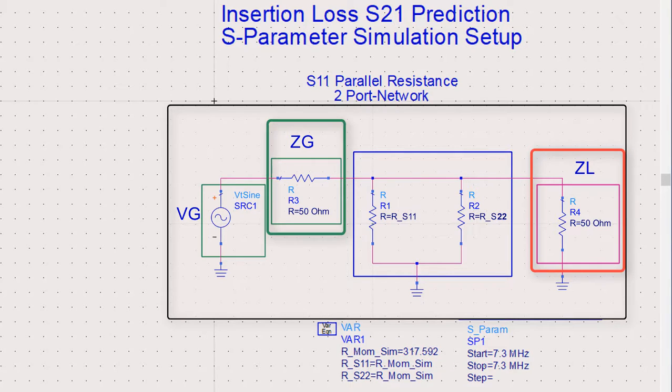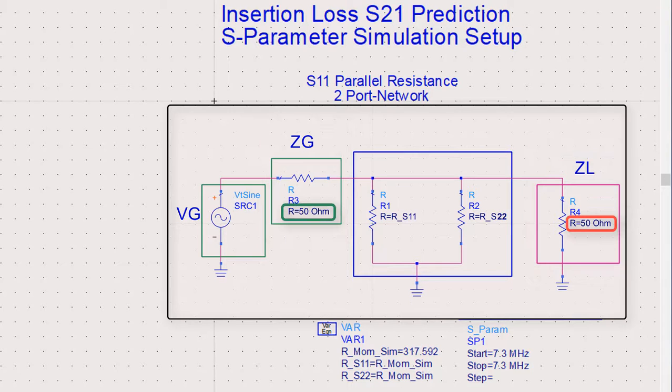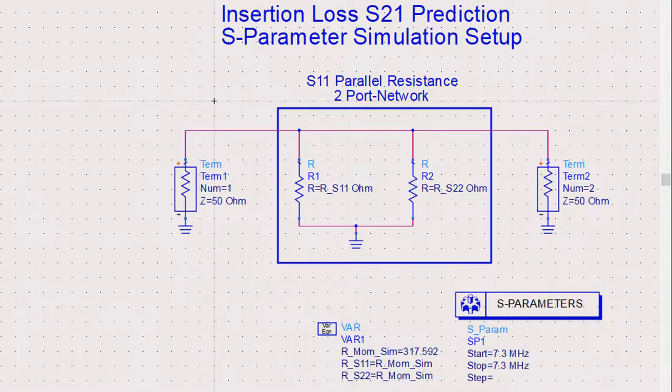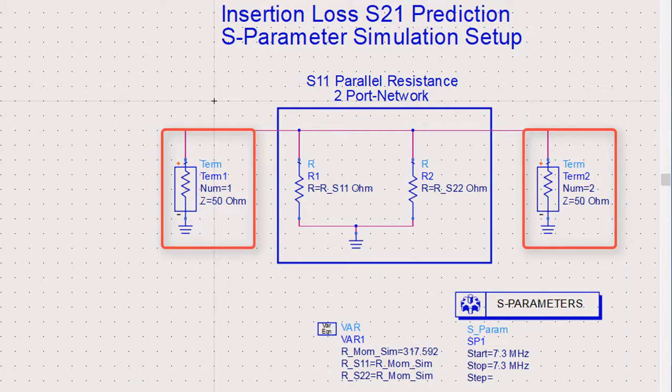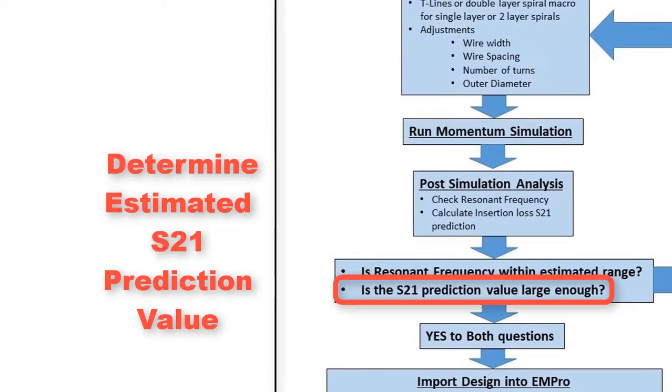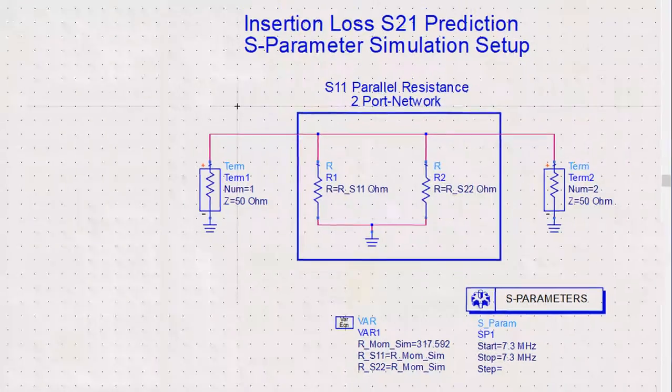With the load and generator impedances matched to 50 ohms, we can run an S parameter simulation with two resistors in parallel inserted in between the 50 ohm terminations to get an estimated maximum S21 power transfer coefficient at resonance.